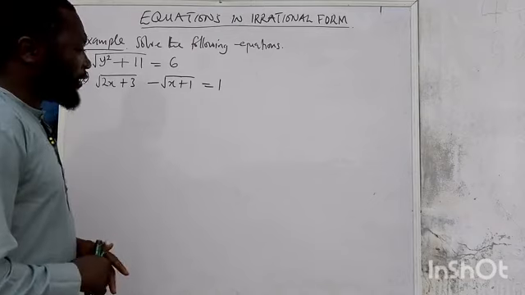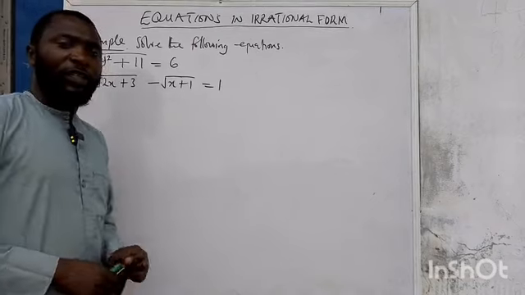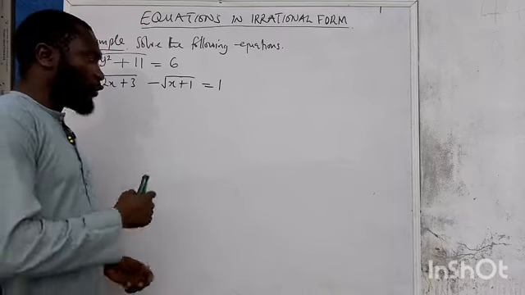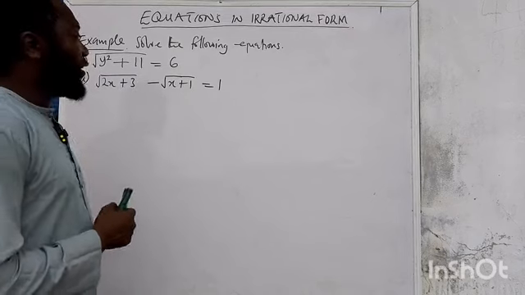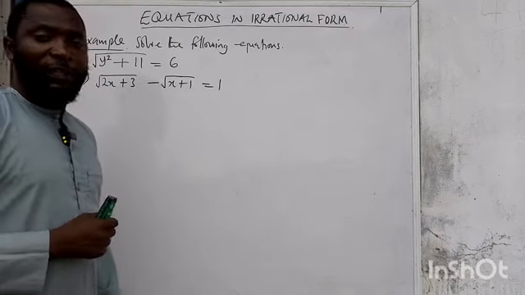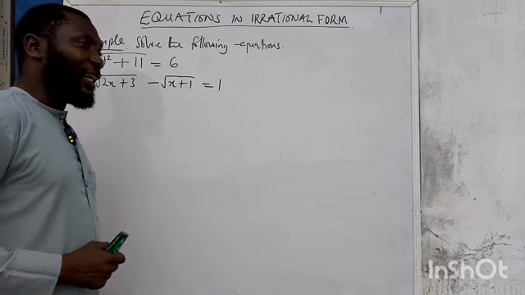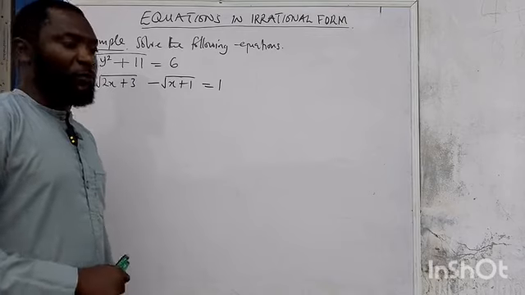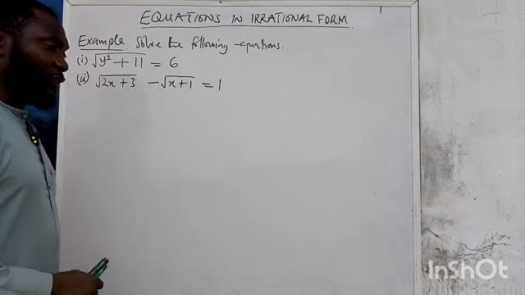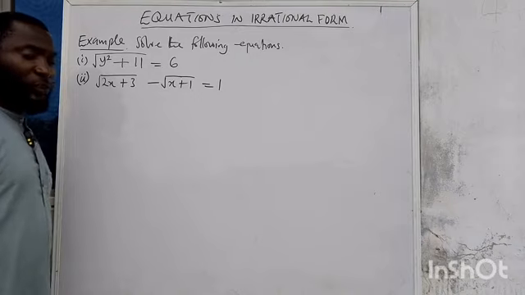And at certain stage, if the choice of squaring both sides is not made carefully, there's high chance that the person will continue to make the question difficult for himself or herself. So this is what I mean.